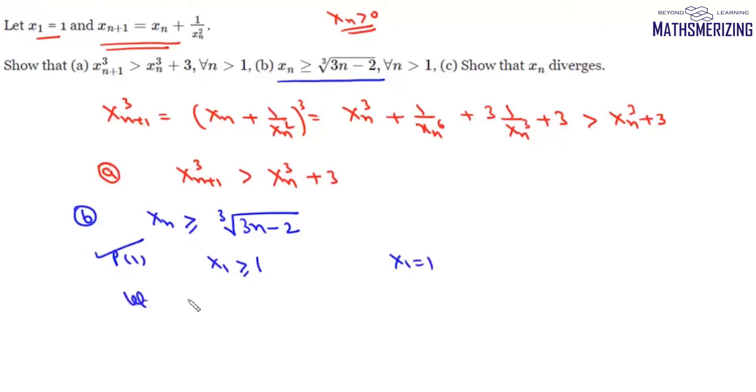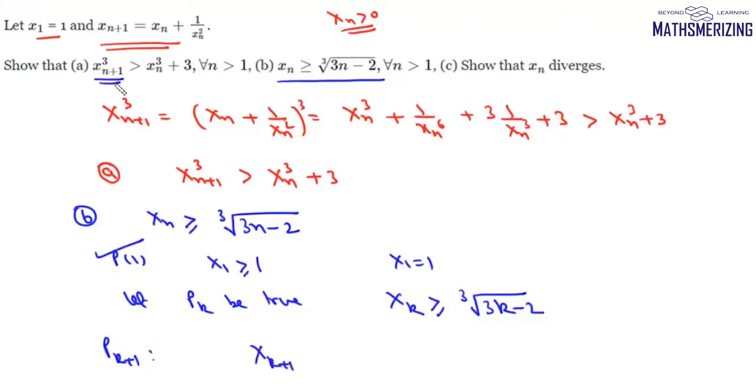Now we'll let pk be true. Now if pk is true, then we can write xk will be greater than or equal to cube root of 3k minus 2. Now we have to prove this result for pk plus 1. Now for pk plus 1, we need to write xk plus 1. Now we know that xk plus 1 cube will be greater than xk cube plus 3, and this xk cube is greater than or equal to this 3k minus 2.